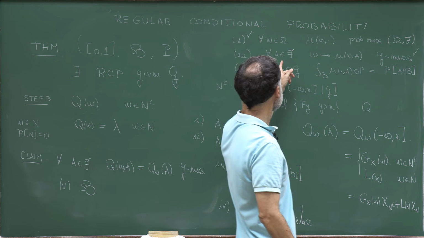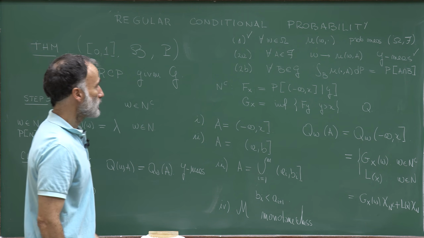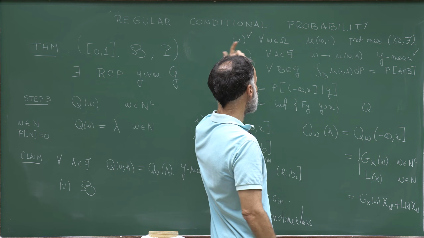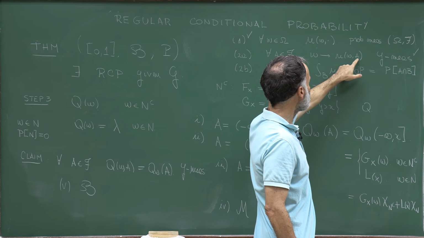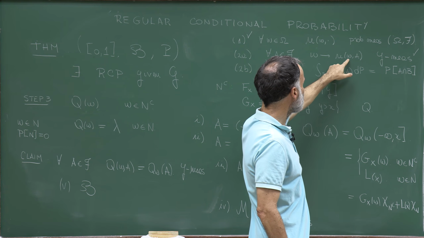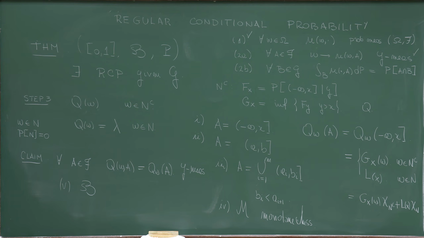And that proves, therefore, this second property of the regular conditional probability, that for all A in F, which in our case is the Borel sigma algebra, the measure of A as a function of omega is G measurable. So that completes step 3.